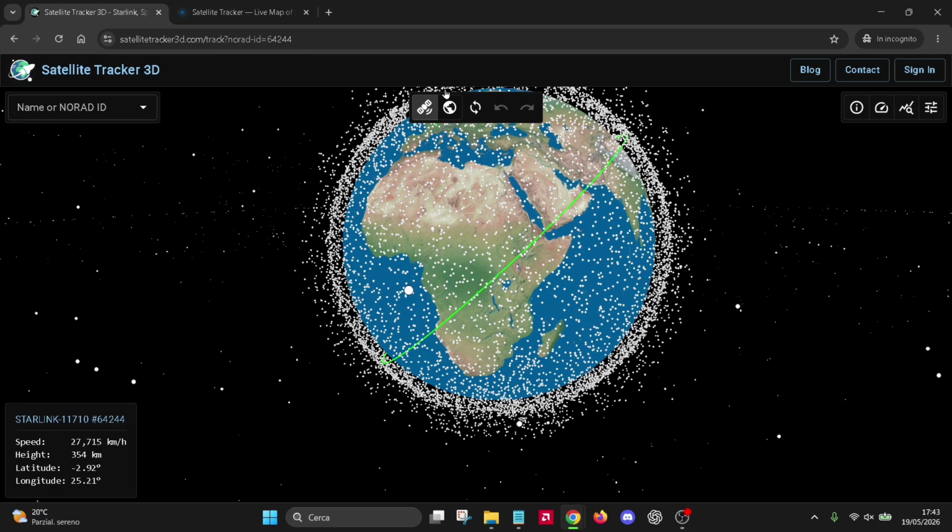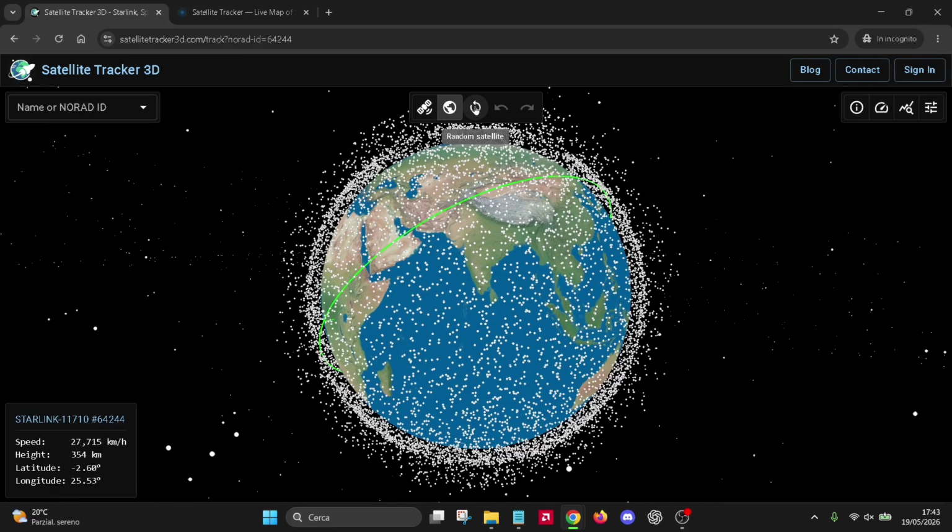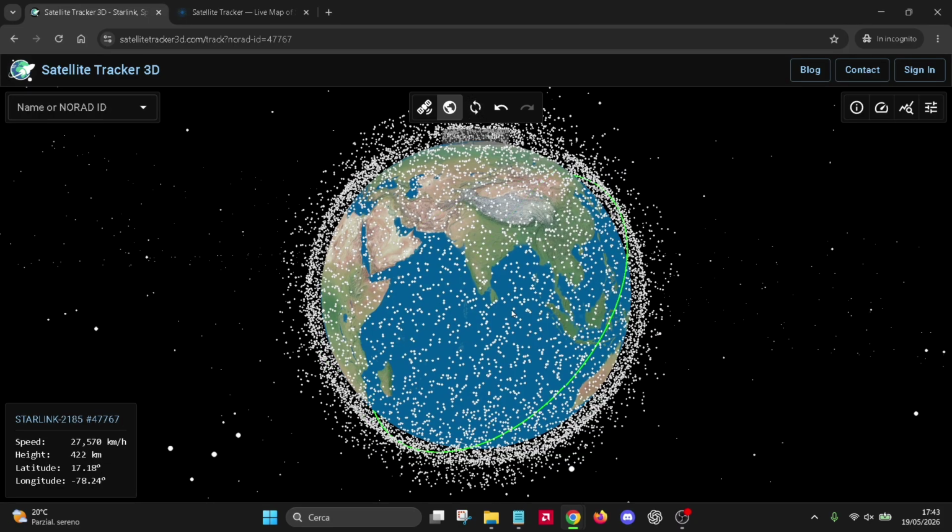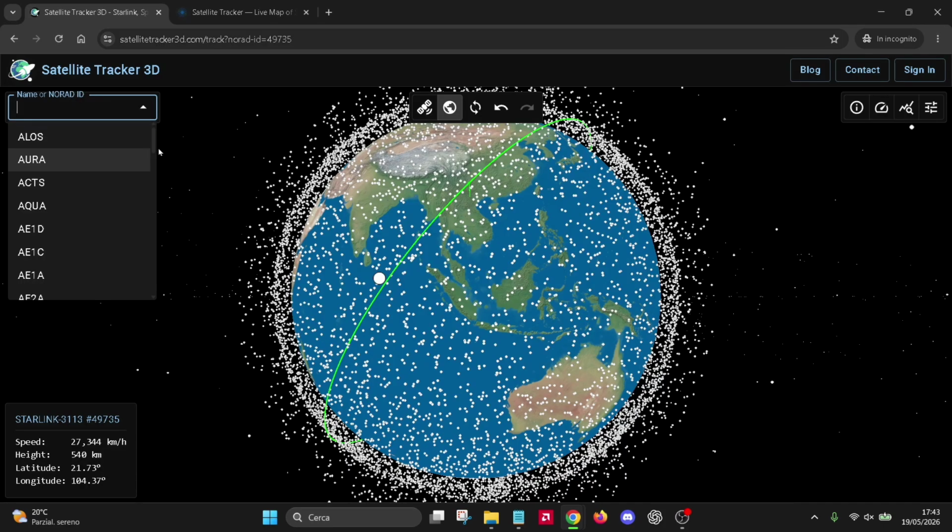Most public tracking platforms rely on two line element sets, commonly known as TLEs. These are standardized orbital data files that describe the position and motion of an object in space.